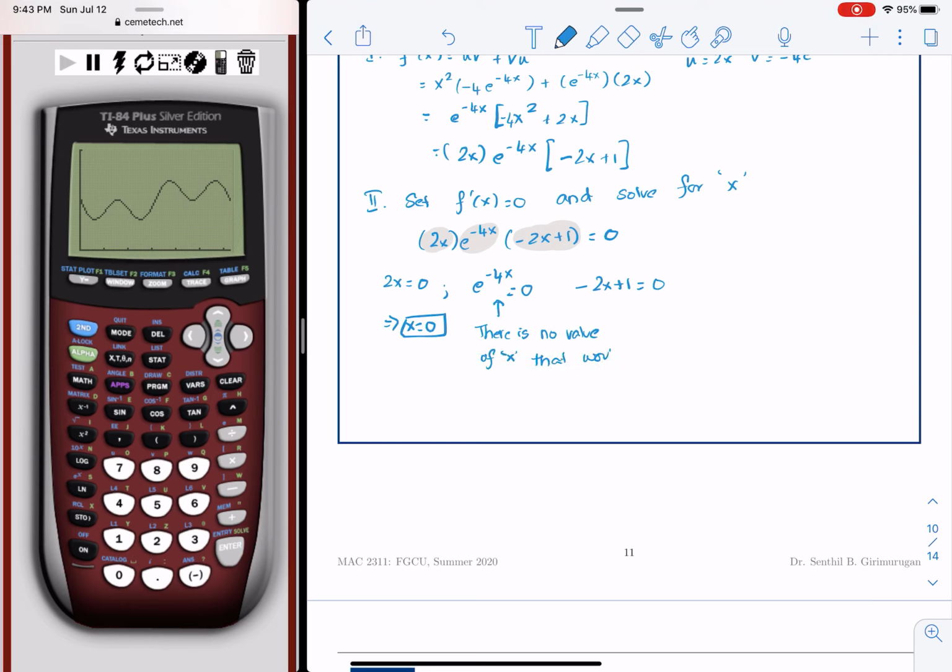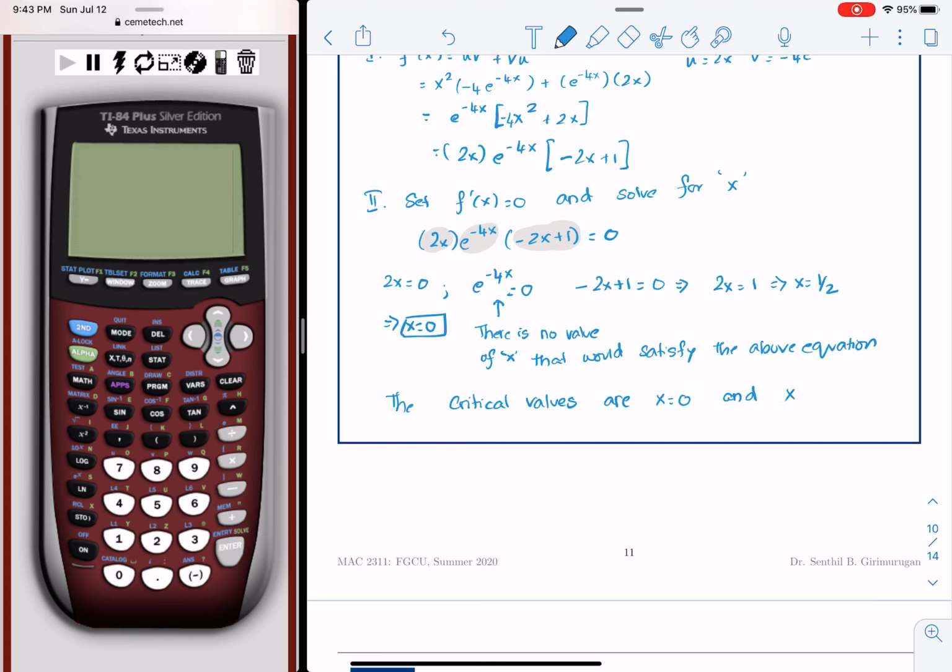So we don't have a solution there. Over here, 2x would equal 1, which would imply x is 1 over 2. So the critical values are x is equal to 0 and x is equal to 1 over 2.